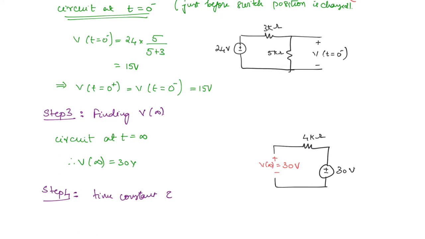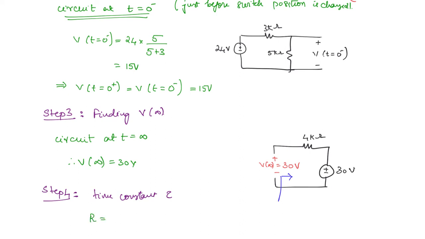Whenever you have to find the time constant, you will have to look through the terminals of the capacitor, and you have to turn off all the independent sources. So what will be the Thevenin's equivalent looking through the capacitor terminals? Basically that is the equivalent resistance that you will need. Here there is only one resistor, so you don't have to worry much.